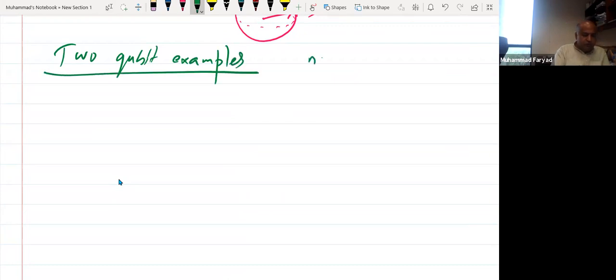So suppose small n is 2, which means capital N is 4. And let's try to find out the Fourier transform of this 0, 0 state.